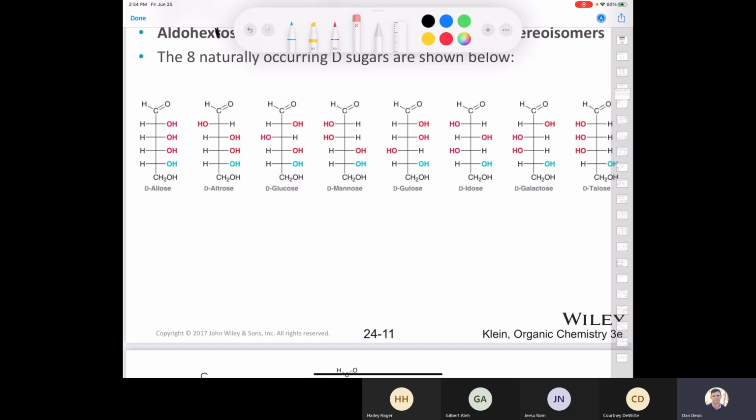So if we were to reduce any of these carbonyls up here to a primary alcohol, could anybody tell me which ones would make meso compounds? Can anybody give me one that would make a meso compound? Or make a compound that's optically inactive?